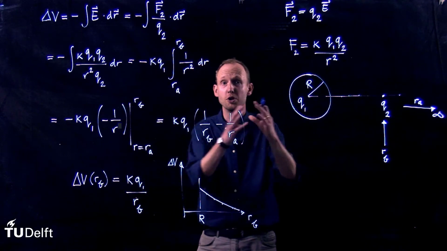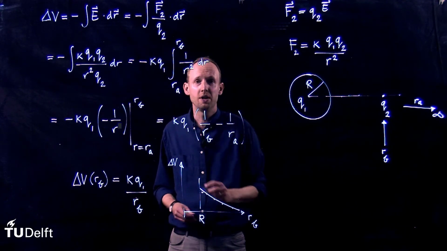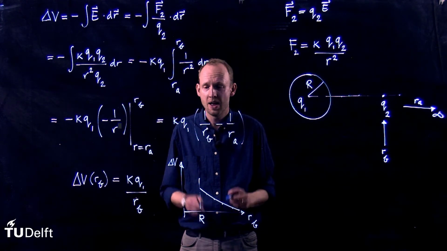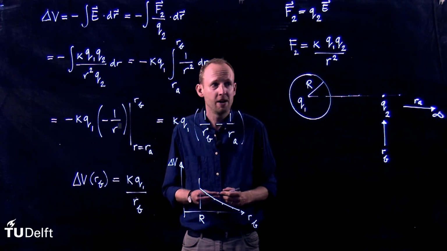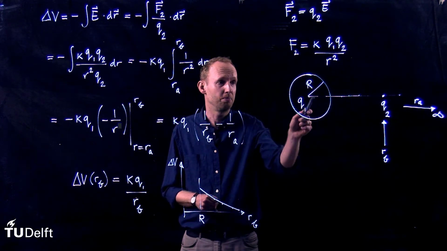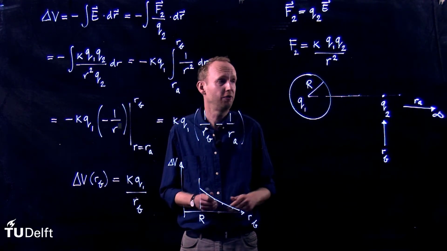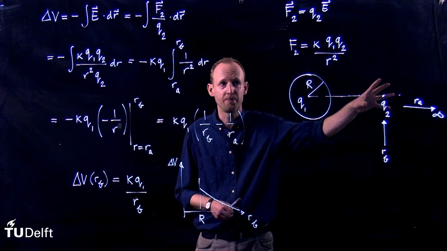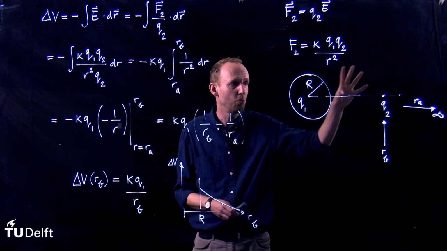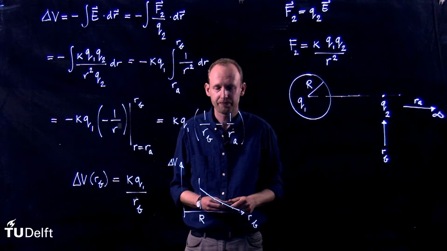If the sphere would be a point charge itself, it would continue into an asymptote, and it also continues onto an asymptote here on the right. This is the potential, and importantly, the potential only depends on the magnitude of Q1, so the charge of the sphere, and not of the point charge approaching. So this sphere has a potential field of its own, which is independent of whatever other charge is approaching.